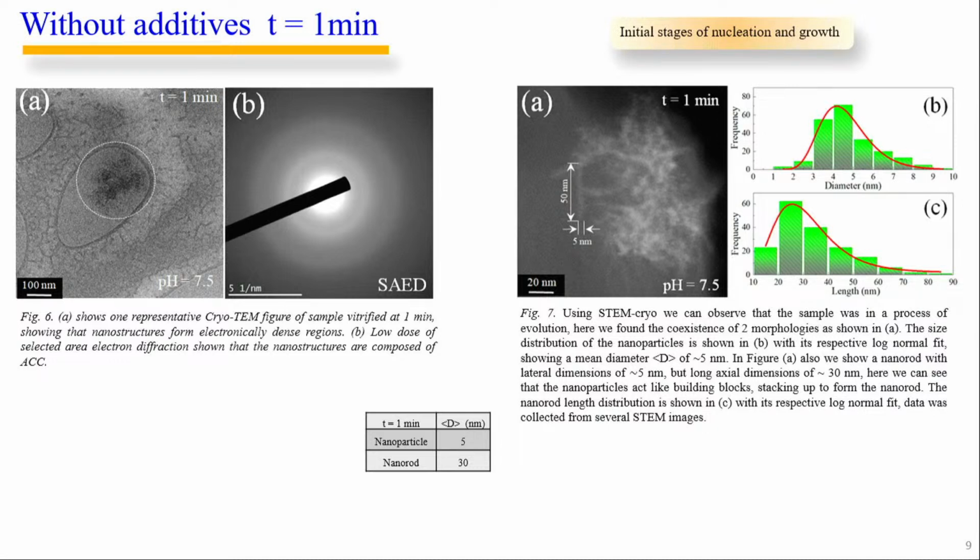In the figure we also show nanorods with lateral dimension of 5 nanometers, but axial dimension of 13 nanometers. Here we can see that the nanoparticles are like building blocks stacking into the nanorods. The nanorod length distribution is shown in image C with its respective log normal fit. Data was collected from several STEM images.